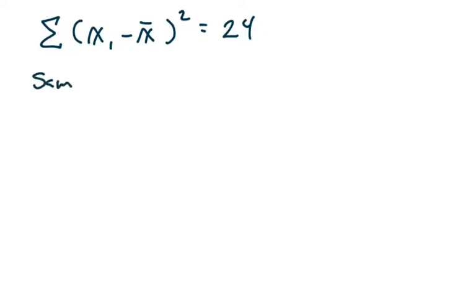All right, so the notation for that is this, right? It's just the sum of all of these numbers squared, and that's equal to 24. Okay, so now we want to compute the sample variance, okay? And we're almost done with this. Let me spell variance, right?